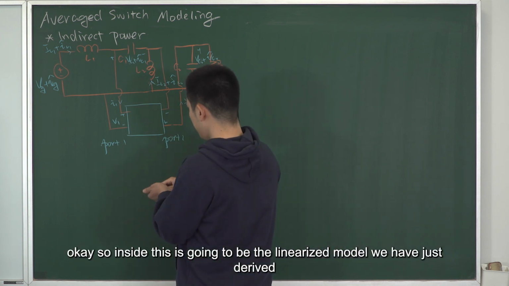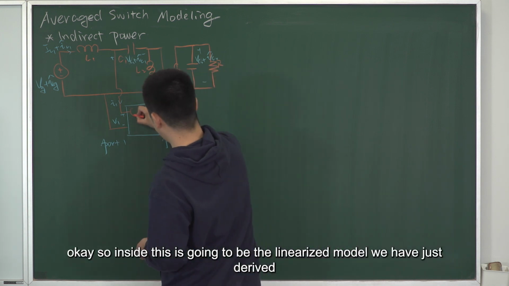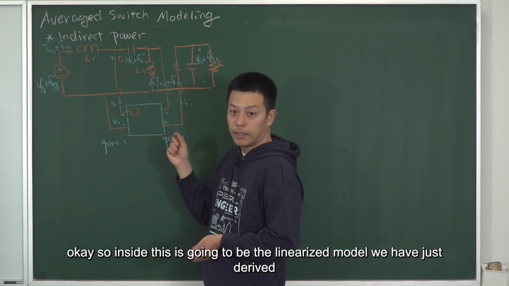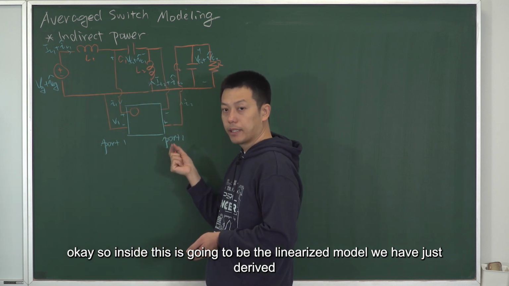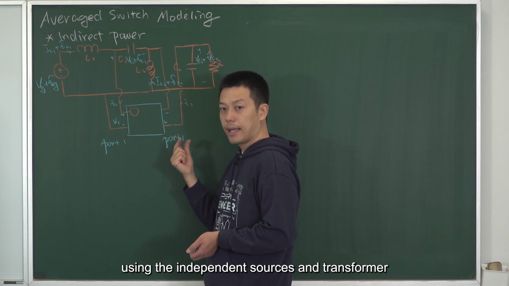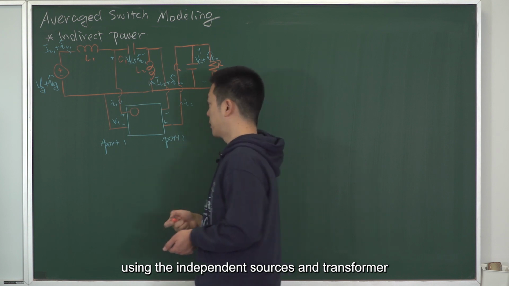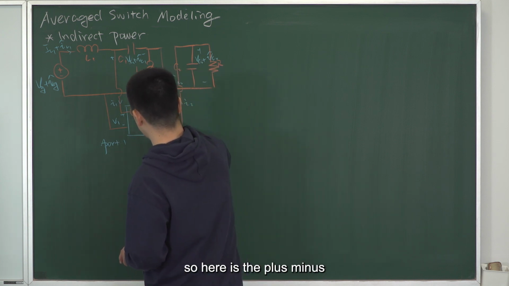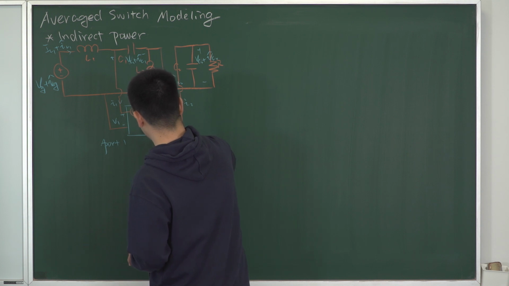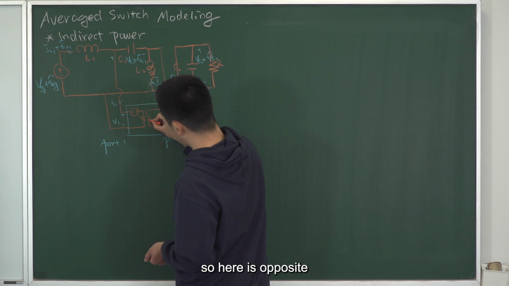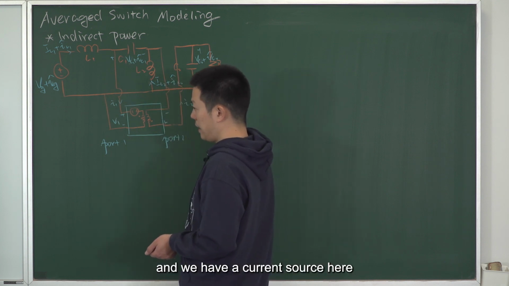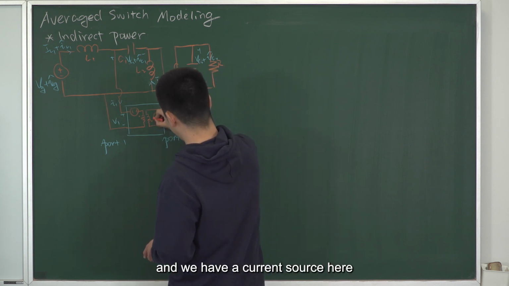So inside this is going to be the linearized model we have just derived using the independent sources and transformer, right? So here is the plus minus. So here is opposite. And we have a current source here.